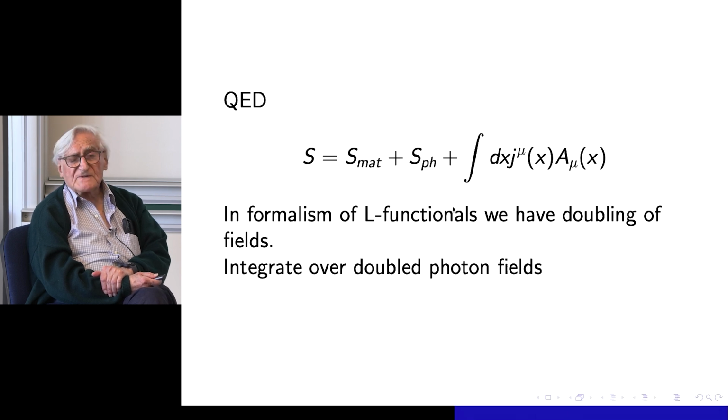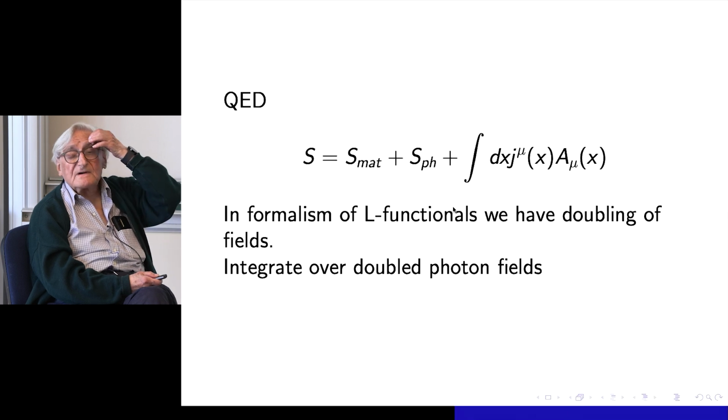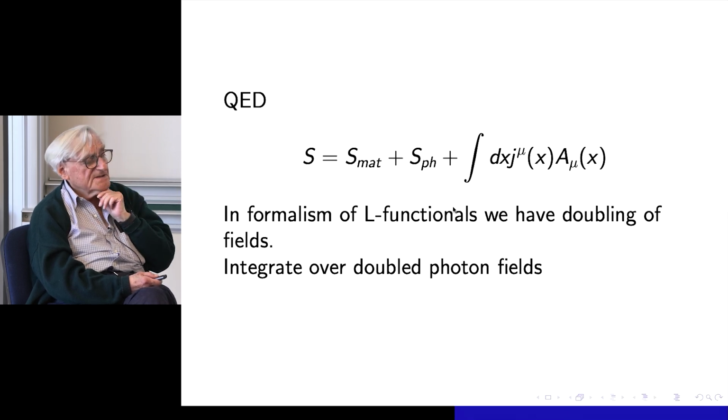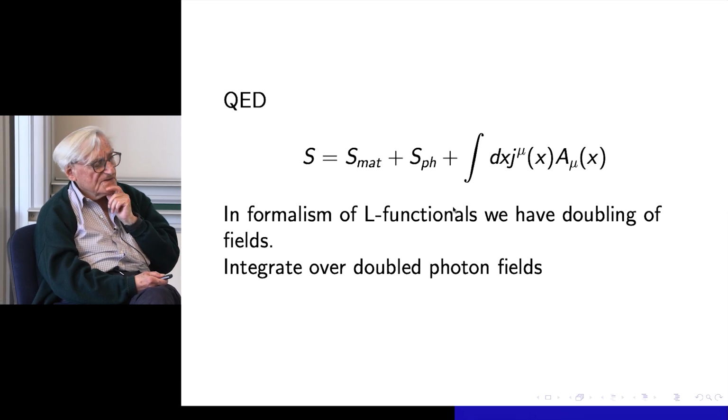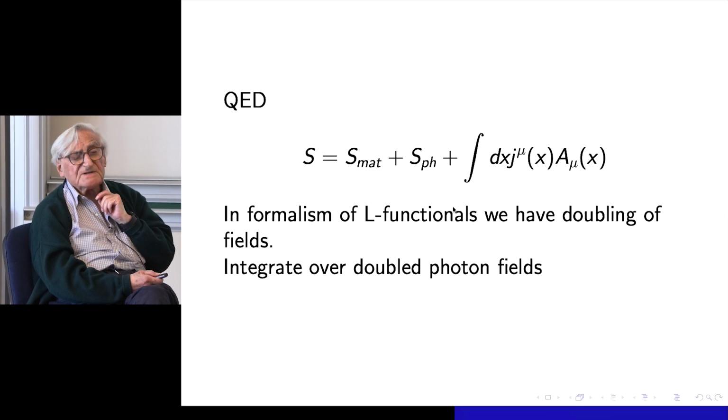What do you have in quantum electrodynamics? You have an action functional, that is, the action functional of the electron, the action functional of the photon, and something describing the interaction.